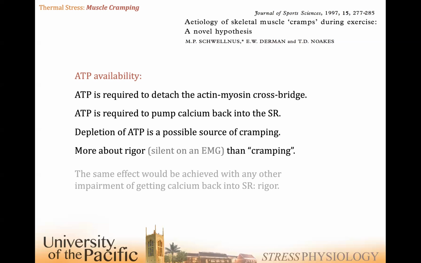You need a strong bond to actually do the power stroke, to go through the sliding of sliding filament theory, to do the cycling of cross-bridge cycling. Those filaments are actin and myosin, and for those to slide, you need the power stroke. To do the power stroke, you need a strong bond between actin and myosin.